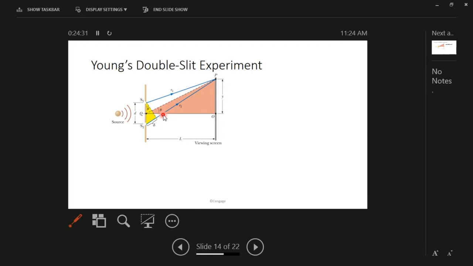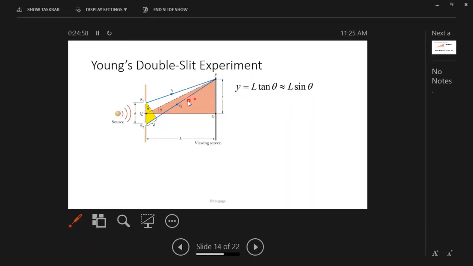And some of you might have learned in other courses that for very small angles, you can replace tangent of theta by sine of theta. So you can say y, which is equal to L tangent of theta, for the cases where theta is small, can be written as L sine of theta.